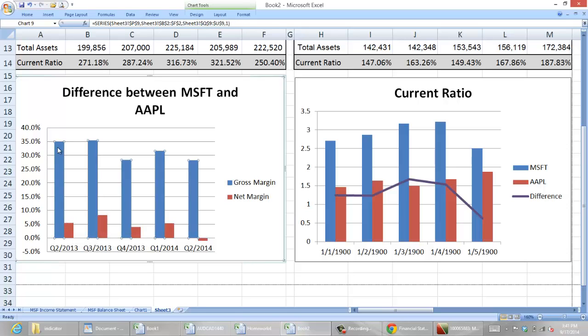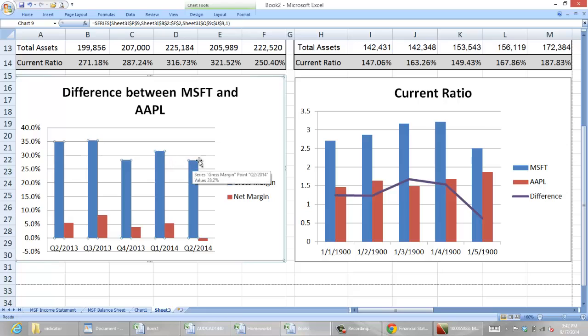Why did the gross profit margin outperform by 35%? Okay, I leave that question to you. What explains that gap? You can think about that. There must be something that accounts for the difference from 35 up here to 5 up here.